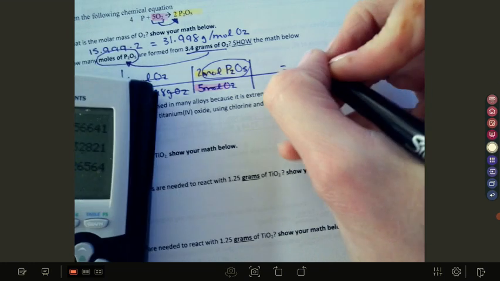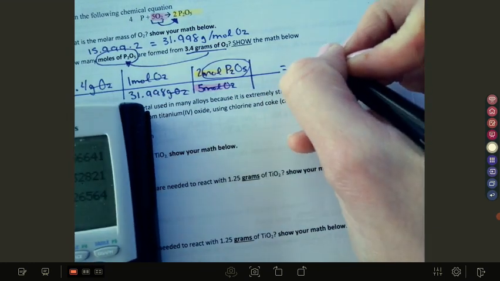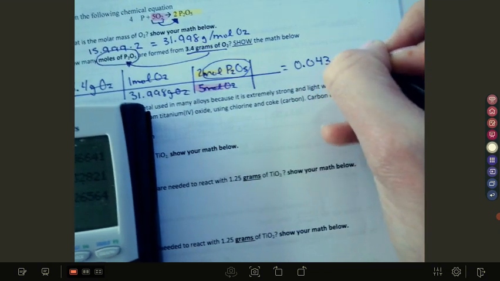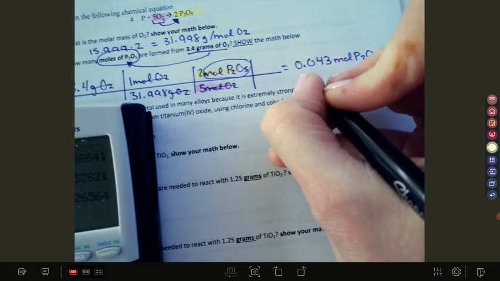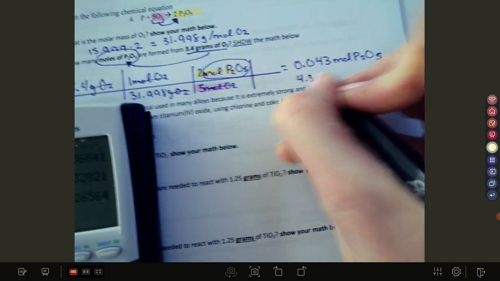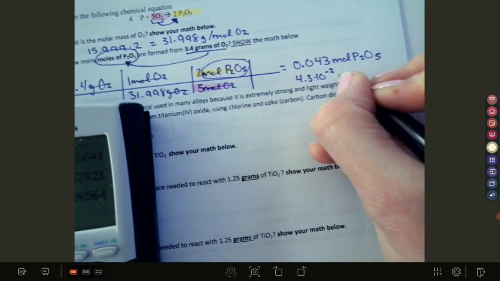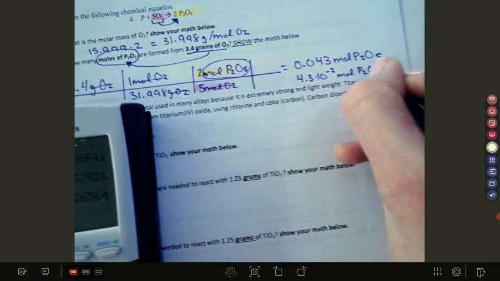So I'm going to write it in standard notation first. 0.043 moles of diphosphorus pentoxide, but I would prefer this in scientific notation. 4.3 times 10 to the negative 2 moles of diphosphorus pentoxide.